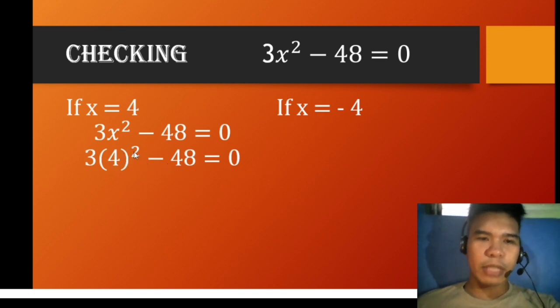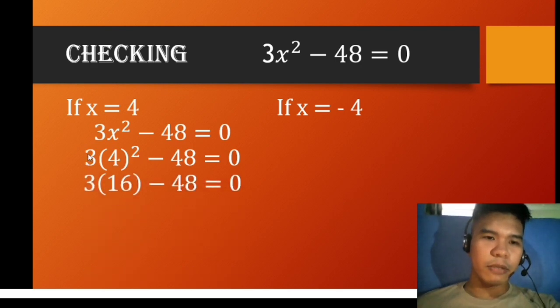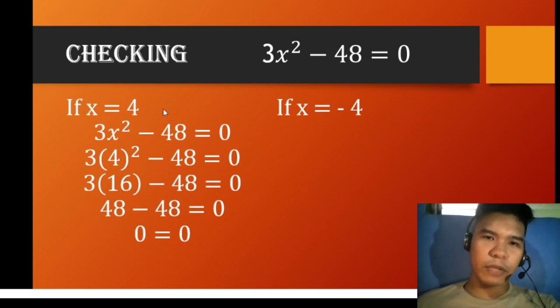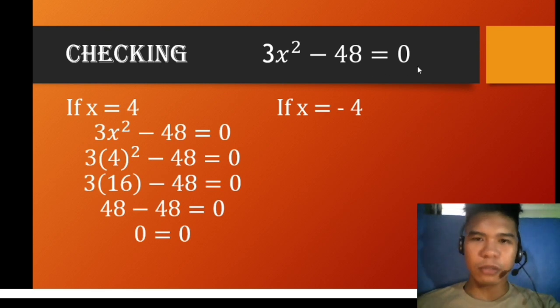So let's start with the exponents. 4 times 4 is 16. So we copy 3 times 16 minus 48 equal to 0. So 3 times 16 here is now 48, copy minus 48 equal to 0. So 48 minus 48 is 0 equal to 0. So therefore, x equal to 4 is a solution for 3x squared minus 48 equal to 0.